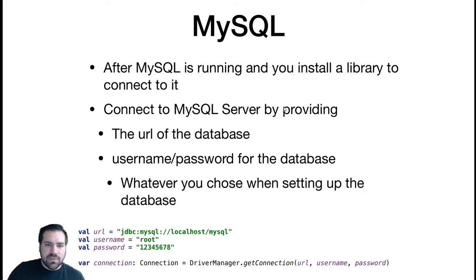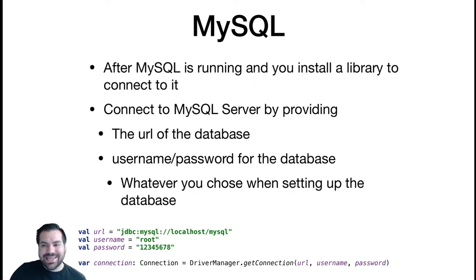So once MySQL is running and you have that library installed, you downloaded that library, linked it to your project using pip or npm or Maven, whatever you're using to manage your dependencies, you're ready to connect to that database and start sending it queries.